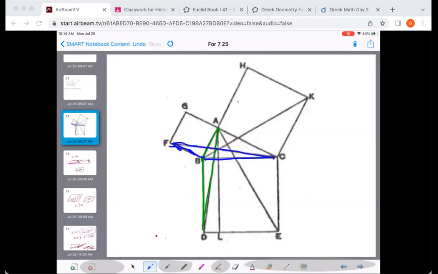Now, if the picture was given like this, you wouldn't need to be told all that given information. You would just need to be told that ABGF is a square. And that BCED is a square.